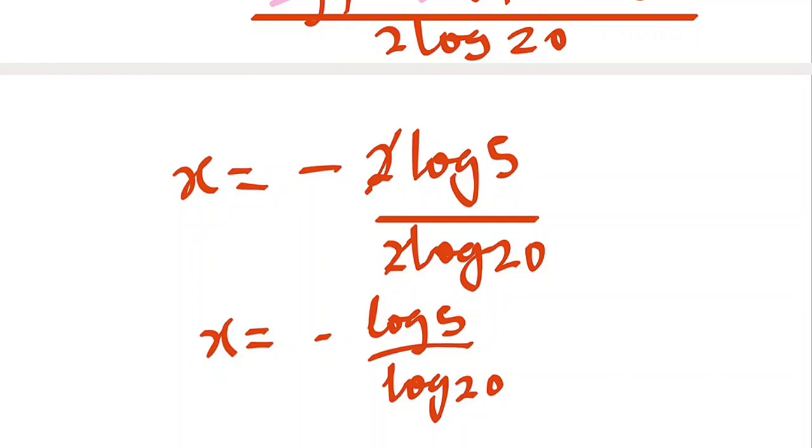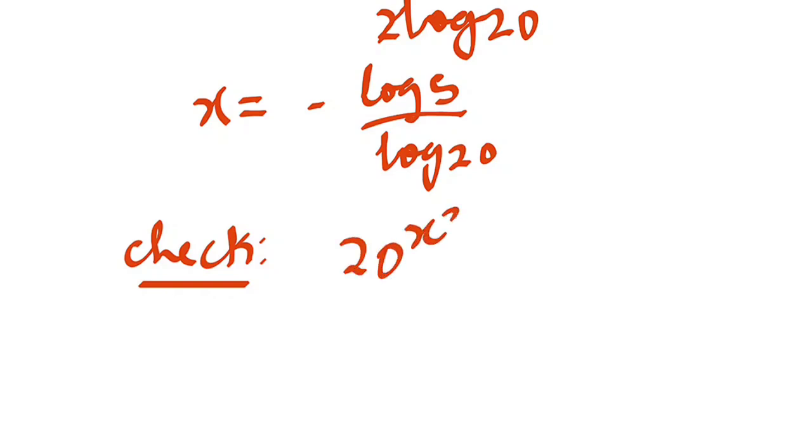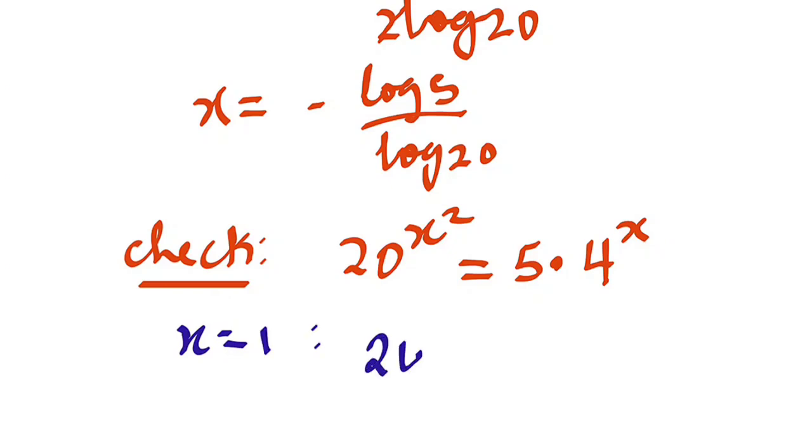So let's quickly check and see whether it's right or not. Our equation is 20 to the power of x squared equals 5 times 4 to the power of x. Now for x equals 1, we have 20 to the power of 1 squared equals 5 times 4 to the power of 1.